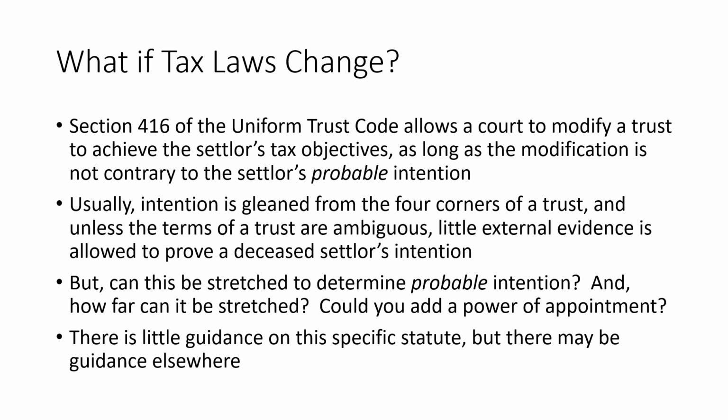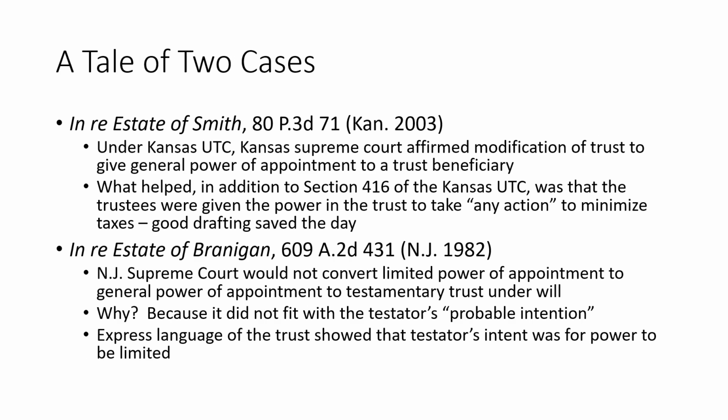And it gives the added benefit potentially of giving a step up in income tax basis for at least a portion of the trust assets on the date of the beneficiary's death. But the big question is, is it better to add a new power of appointment versus modifying an existing power of appointment?